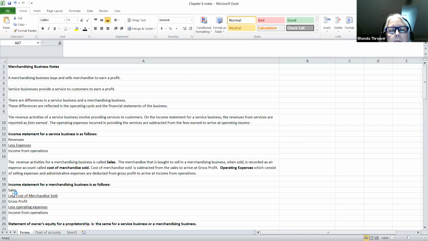In a merchandising business, we're going to be selling our merchandise inventory to make a profit. So sales is going to be our revenue account. And just like any revenue account, sales is going to increase on the credit side.